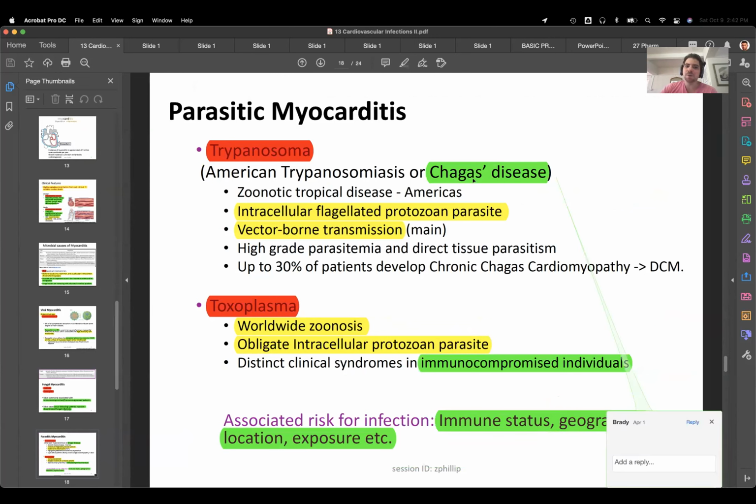Trypanosoma, Chagas disease. Remember, when I think trypanosoma, I think dilation. It causes dilated cardiomyopathy. It's South American Chagas. Toxoplasma as well, immunocompromised. Isn't that the cat? I think that has to do with the cat feces, toxoplasma. Yeah, I think so. Don't correct me if I'm wrong.